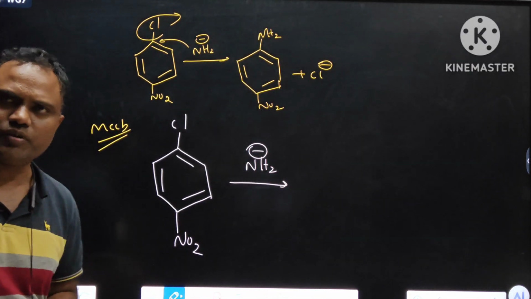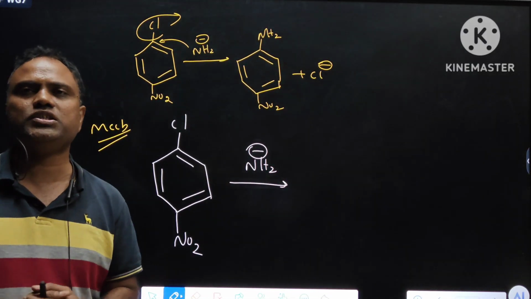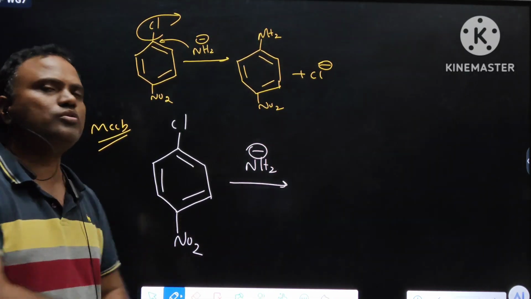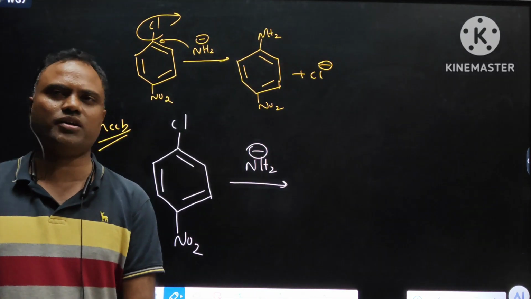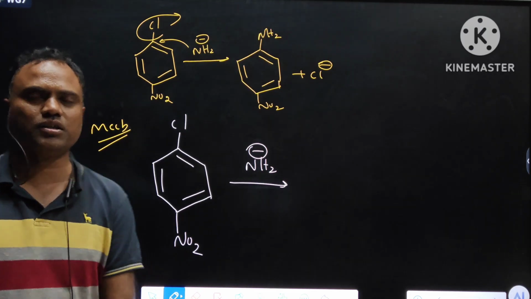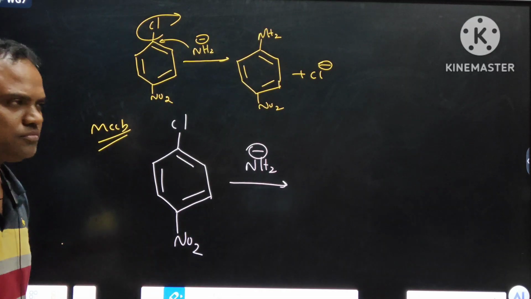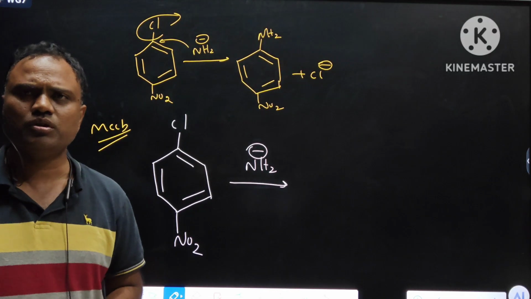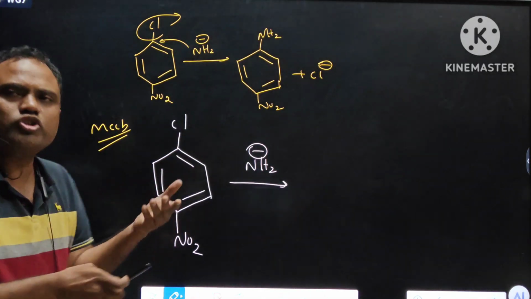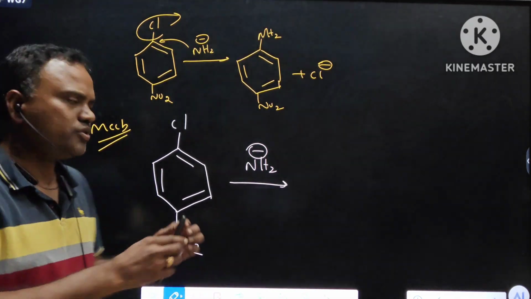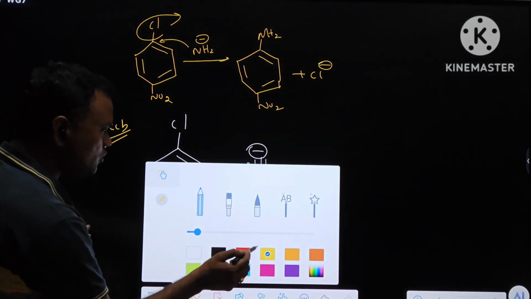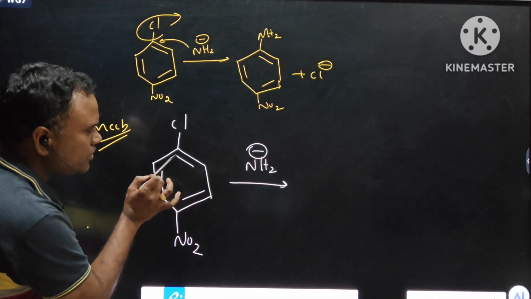Nucleophile needs a positive charge. A nucleophile tries to attack a positively charged carbon. Clear? Because it is negative, it needs a positive center, an electron deficient center. Clear? But see, on this benzene ring, is there any positive charge? No. But a positive charge will be created when you shift any one of the bonds towards a particular carbon.